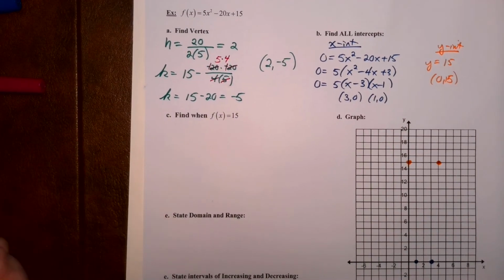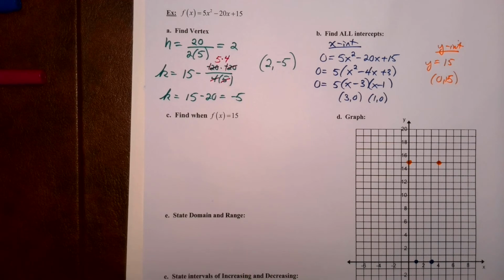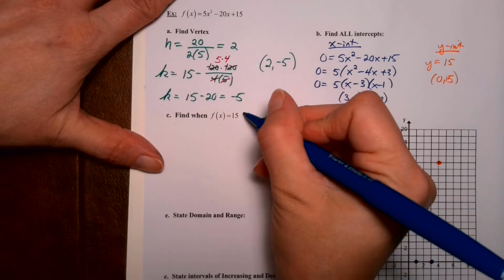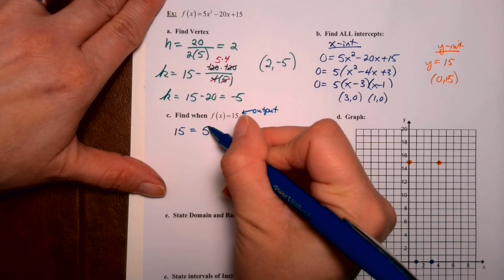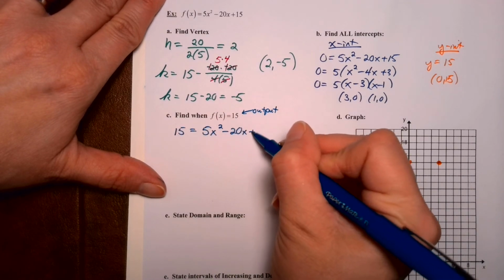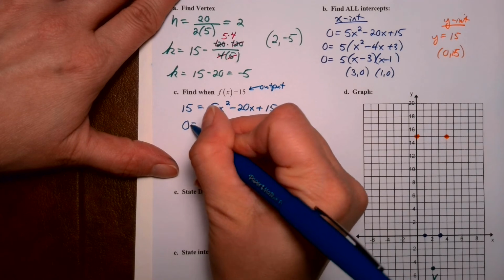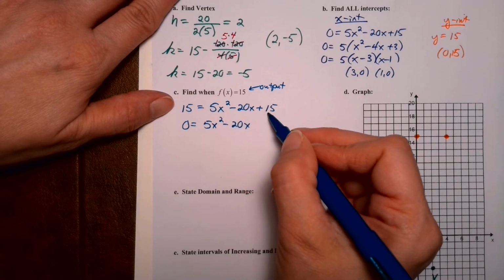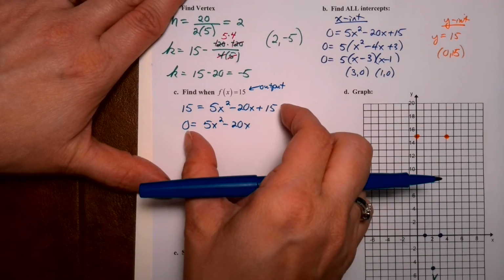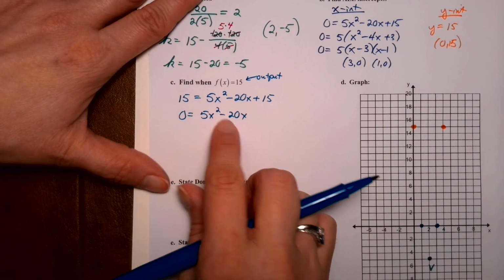Okay, find when f of x equals 15. Oh, I think I kind of know the answer to that, but let's do the algebra work, right? When you have a value that's an output, we're going to put that into the y spot. Okay, and then we have to move everything to one side to factor. Let's move everything to the right side. So if I subtract 15, oh, that cancels out. Sometimes when the problem gets smaller, people get stuck. Okay, it's the same process. It's still a squared. We have to factor.